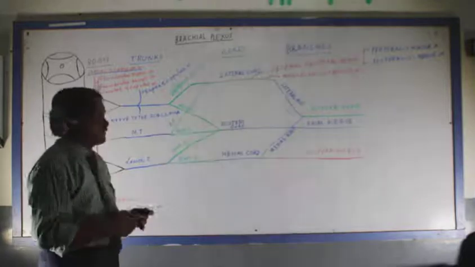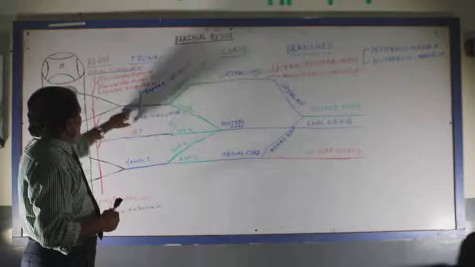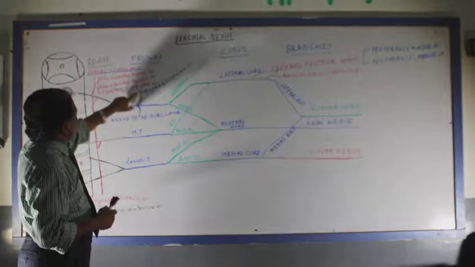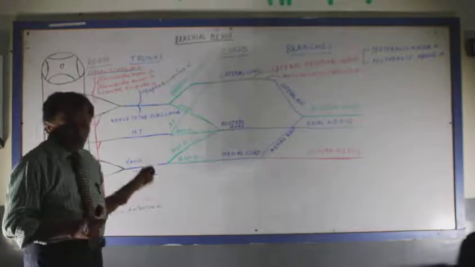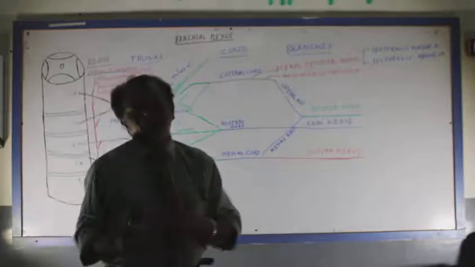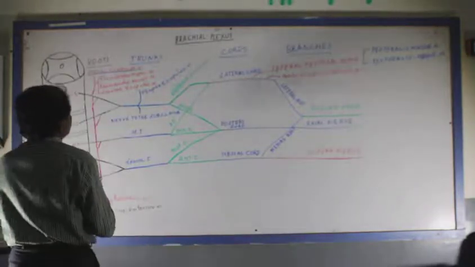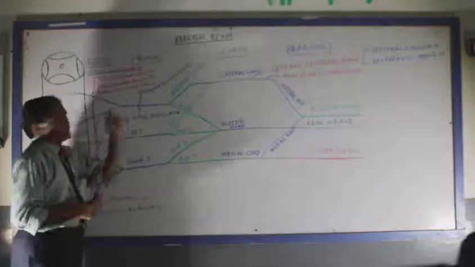And here one important point is there. You see here there is a very important point that is called Erb's point. In Erb's point, what happens? There is involvement of six nerve roots.